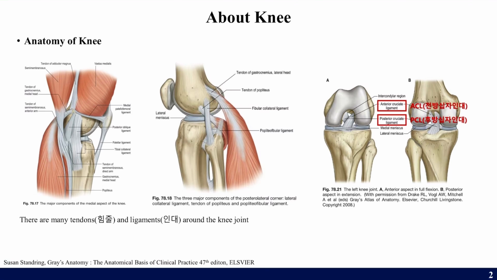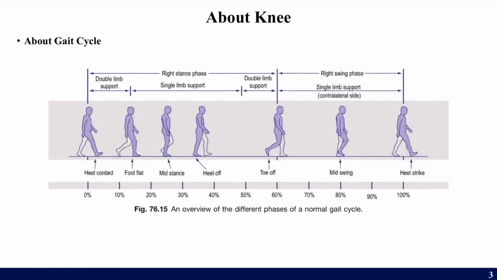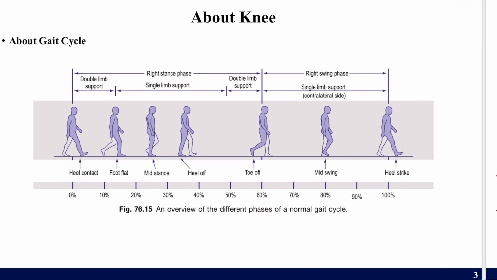So this is the schematic of the knee. And the picture on this page is the gait cycle. And I want to emphasize that the knee joint motion is important in gait cycle.